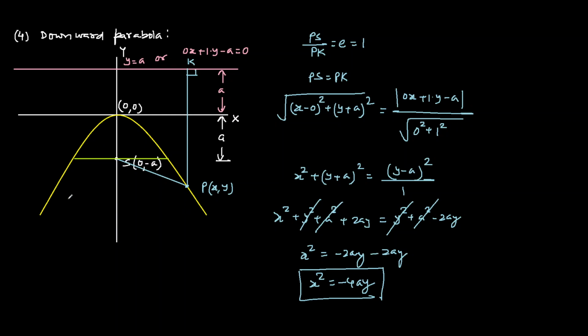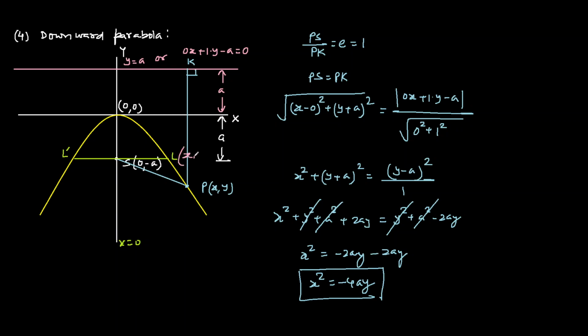This parabola is symmetrical about the y-axis, so the principal axis is the y-axis or x equal to 0, and these two are the endpoints of the latus rectum. So we can write the coordinates of L and L dash.